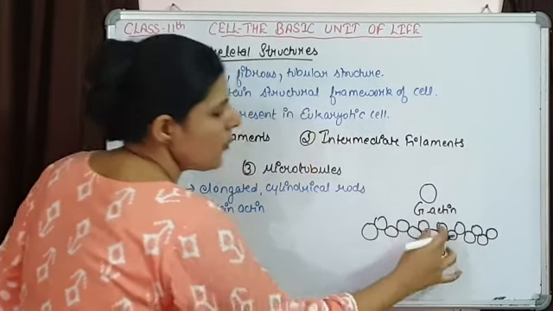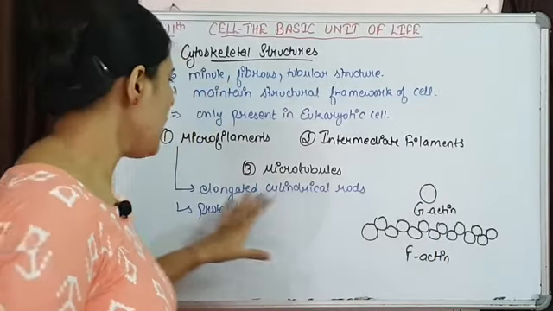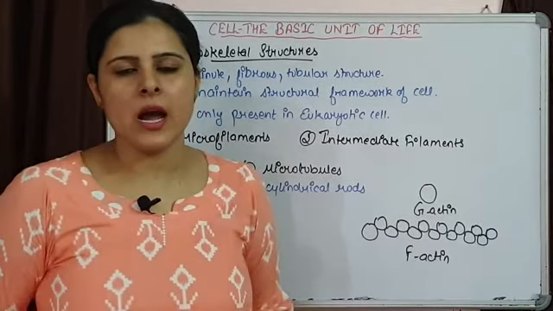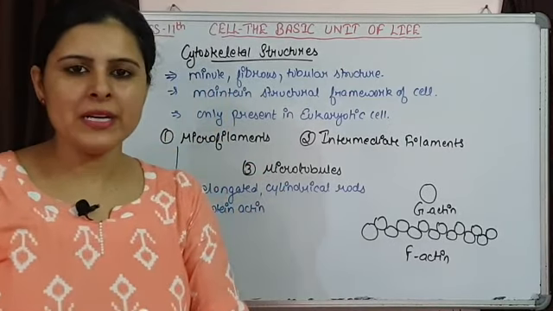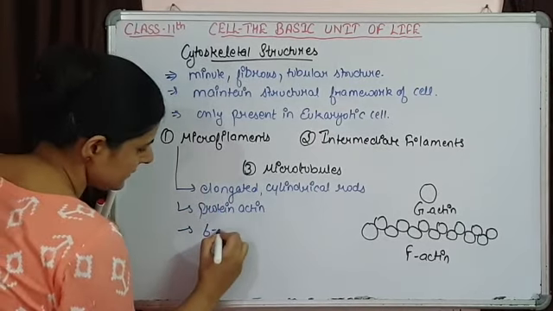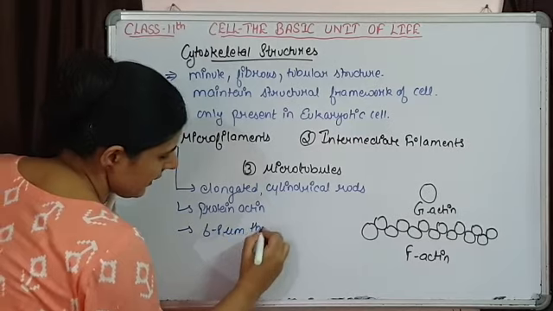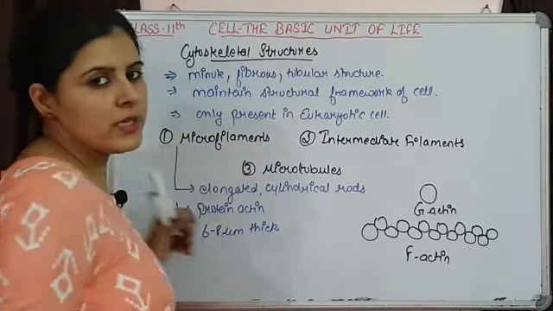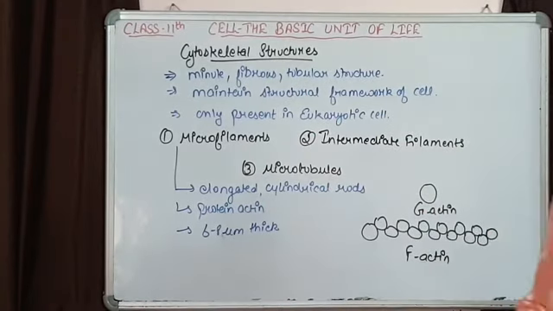So it is the polymer of G-actin. So this is how these microfilaments are present. If we talk about the thickness of these microfilaments, then these are 6 to 8 nanometer thick. This is the thickness of these microfilaments. So it's nanometer.